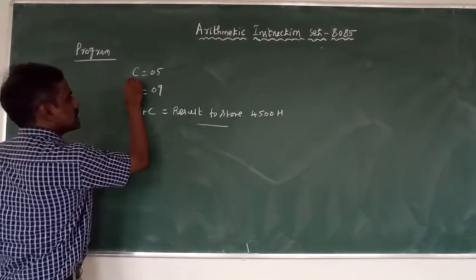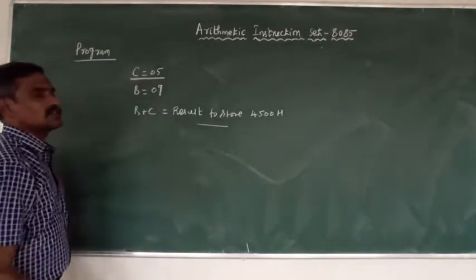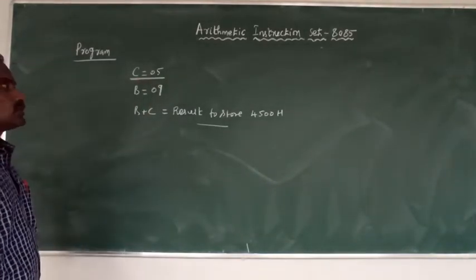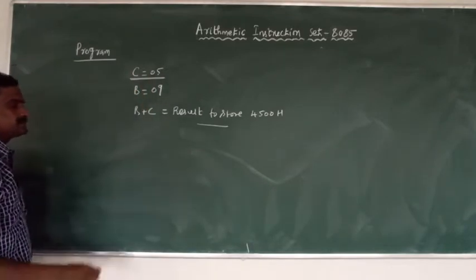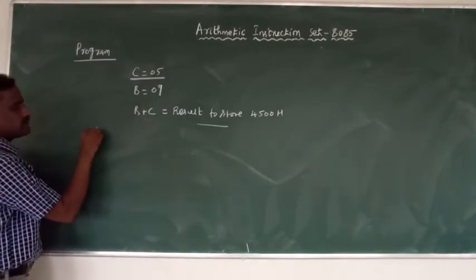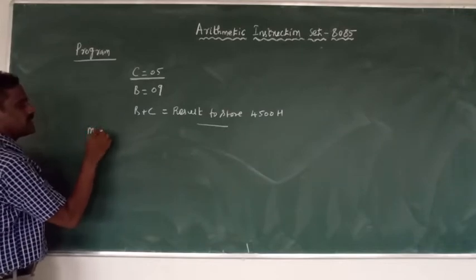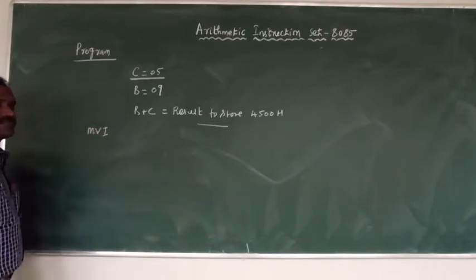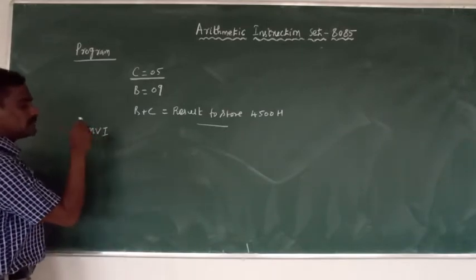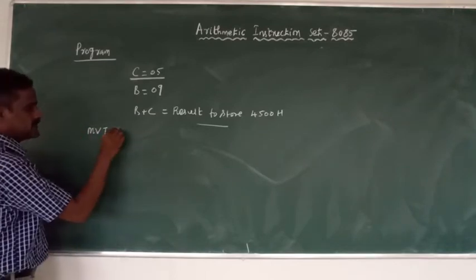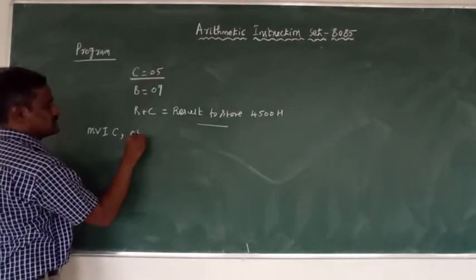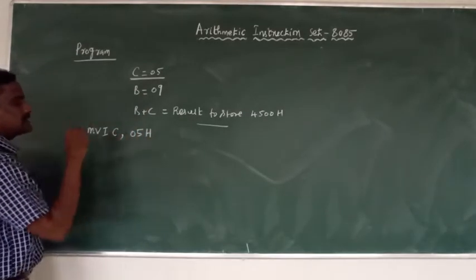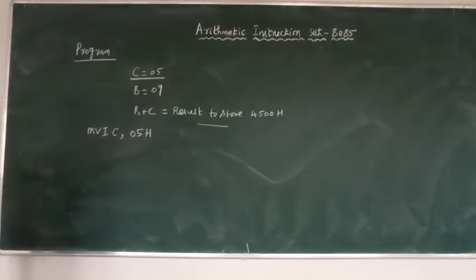First we have to initialize C register with 05 data. How can we initialize C register with 05? Using MVI, move immediate: MVI C, 05H.